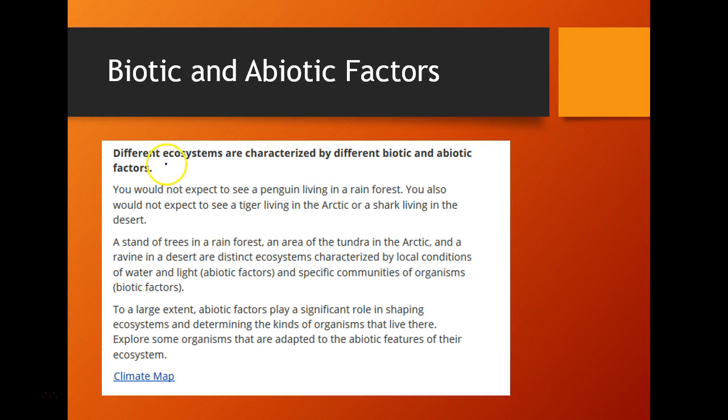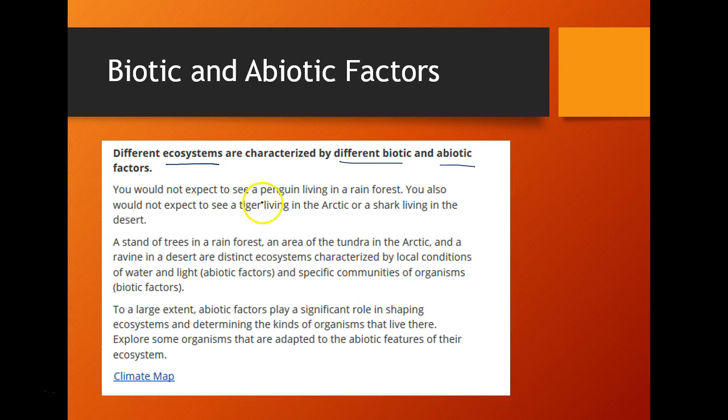When we look at different ecosystems, we define them because they have different biotic and abiotic factors. An ecosystem is how biotic and abiotic factors interact, so if we have different types of biotic and different types of abiotic factors, that's how we can define the different types of ecosystems.